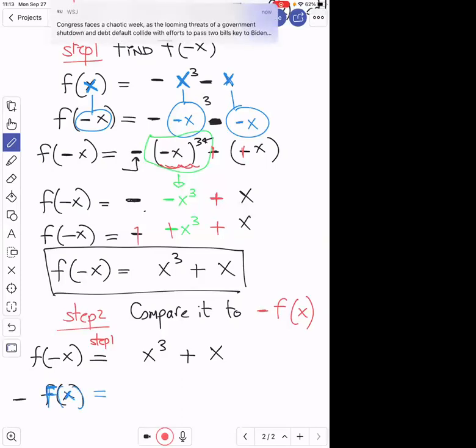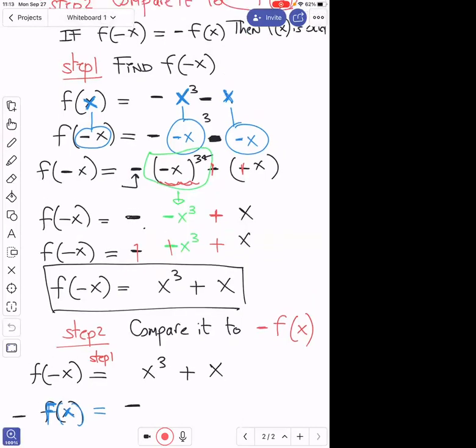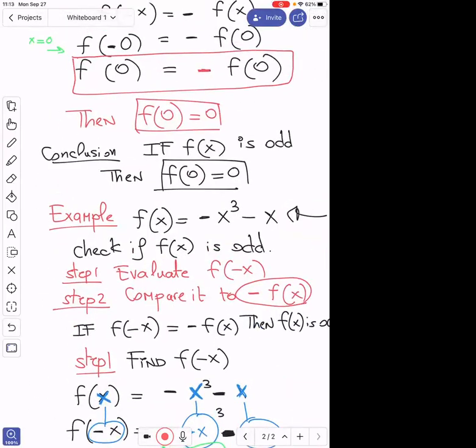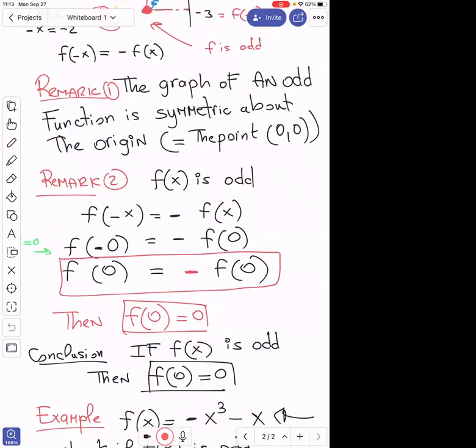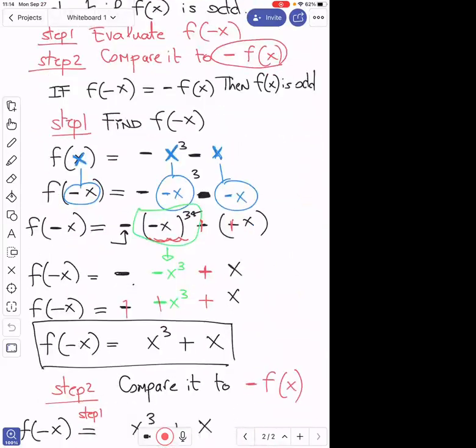So that will be equal to, there's a minus, of course. And now what's f of x, the original function? Here's my original function f, right? It's minus x cubed minus x. That's my original function.